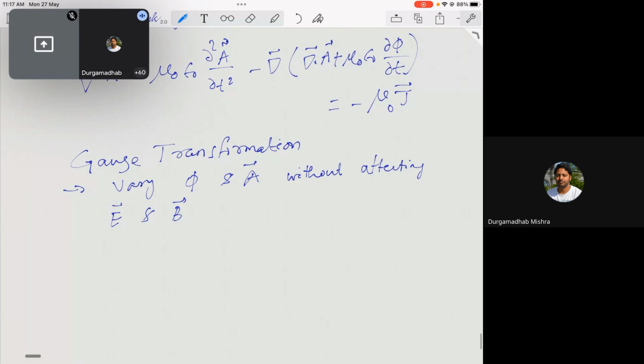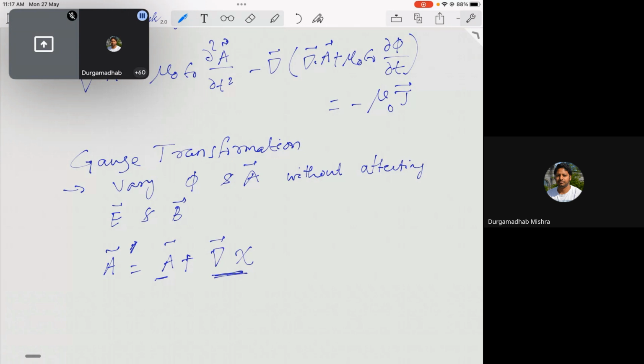So we can choose A prime, a new vector, which we can write as A vector, the original vector potential, plus the gradient of any scalar. This is not necessarily a potential or electric potential.